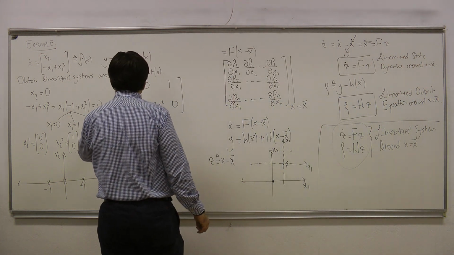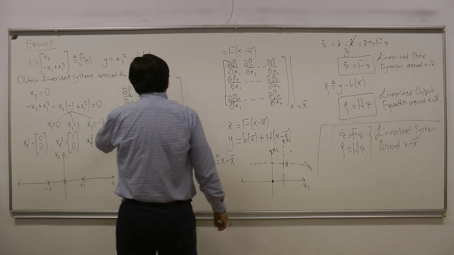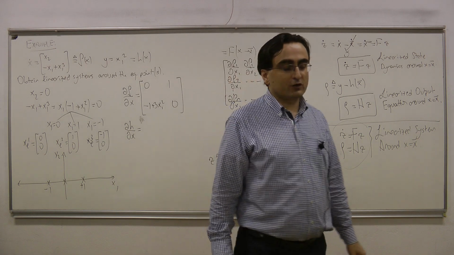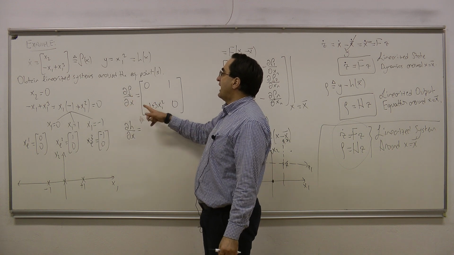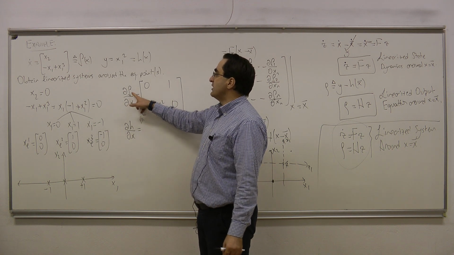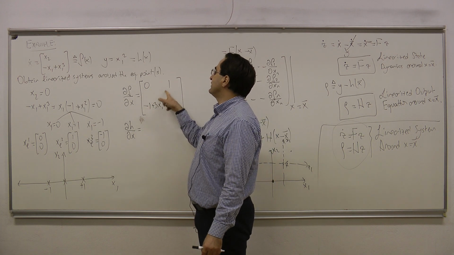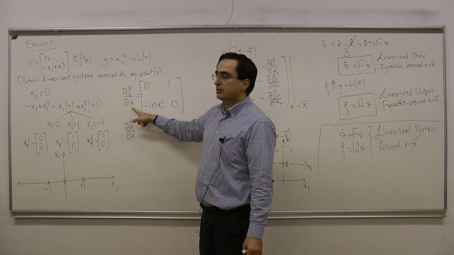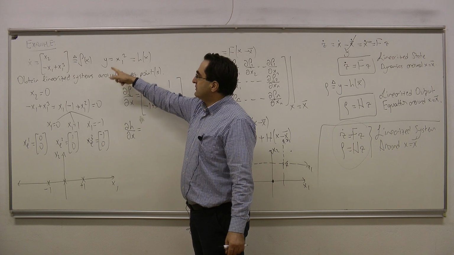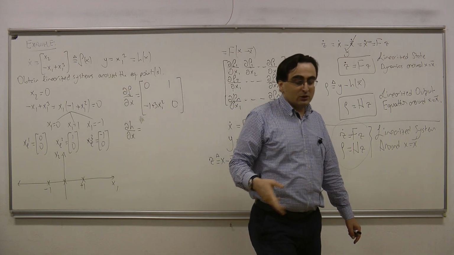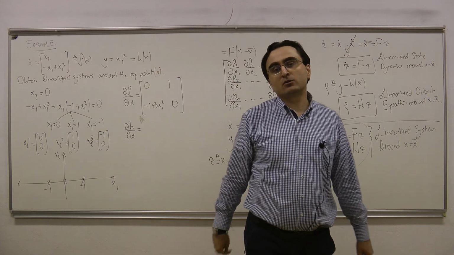Let us write the Jacobian matrix of the function h. In this case, what is going to be the size of this Jacobian? Remember that the Jacobian matrix has as many rows as the number of components of f, and it has as many columns as the number of components of x. So you see that here, this output is scalar. That means that the system has a single output, meaning that the function h has only a single component.